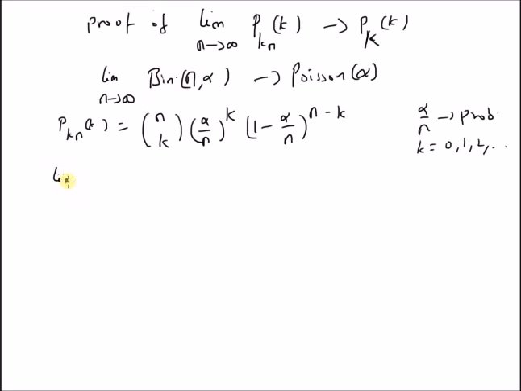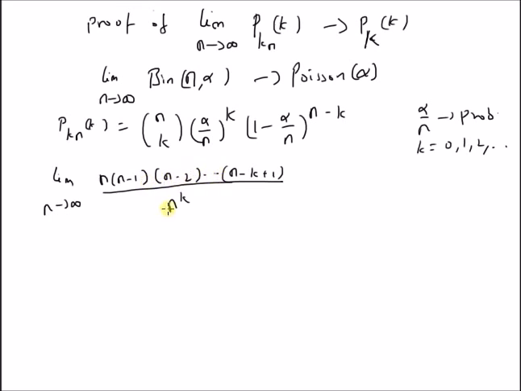Basically, limit as n tends to infinity, we have the definition of n choose k, which is given by n into n minus 1 into n minus 2 and so on up to n minus k plus 1. This is nothing but n factorial by n minus k factorial, divided by n to the power k.